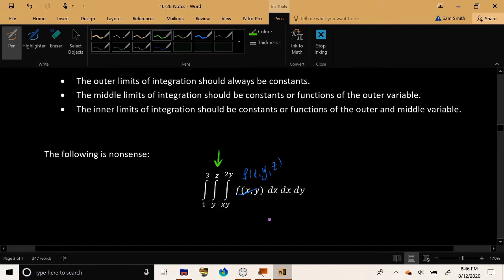Now here we have dz entering as the inner variable, and its limits are in terms of constants, x's, and y's. That's fine. The outermost limit should be a constant, and here we have 3 and 1, and that's also fine. But the middle limits of integration are only allowed to be constants or functions of the outer variable, which means that numbers are allowed in this position, and y's are allowed in this position, so this function is okay.